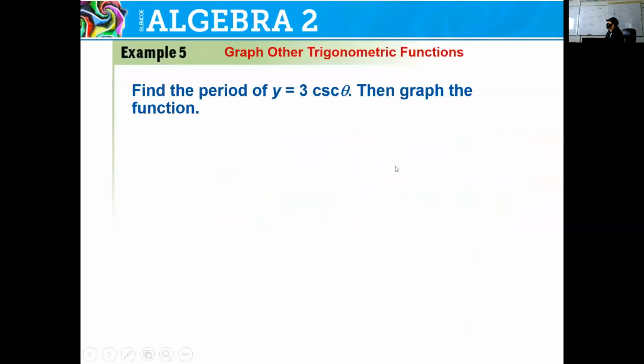Okay, find the period of 3 cosecant of theta, then graph the function. Okay, same thing. This is cosecant, so we're really graphing 1 over 3 sine of theta. So we're approaching it the same way.